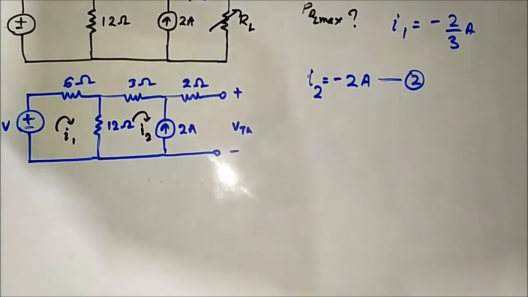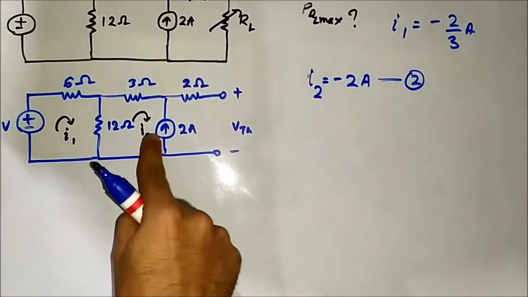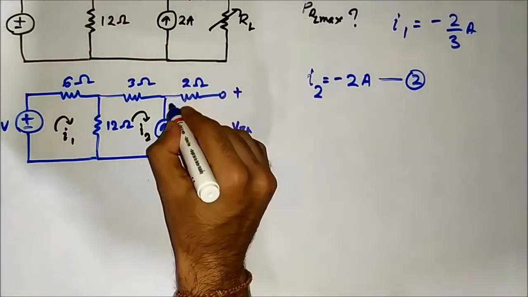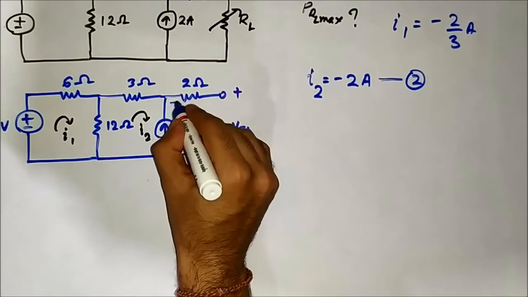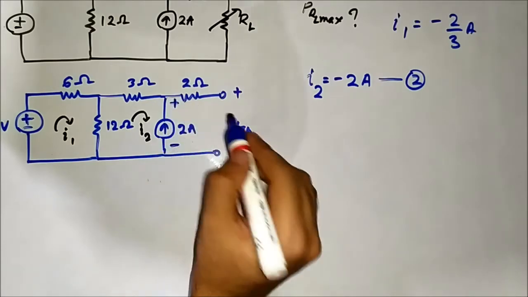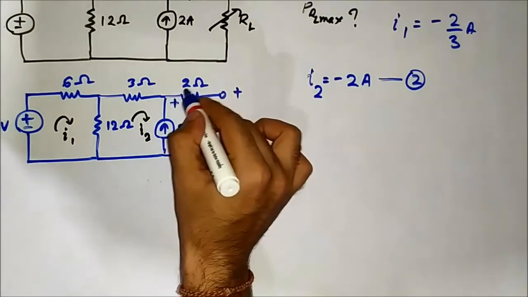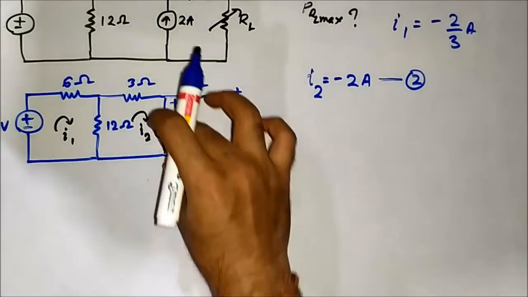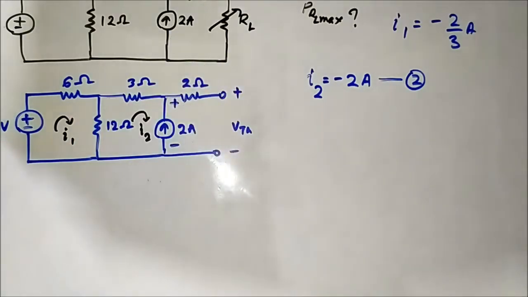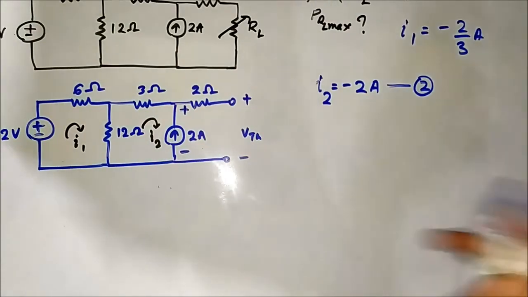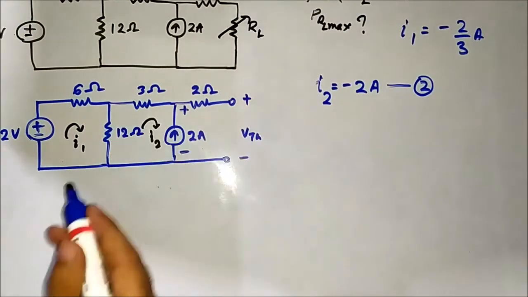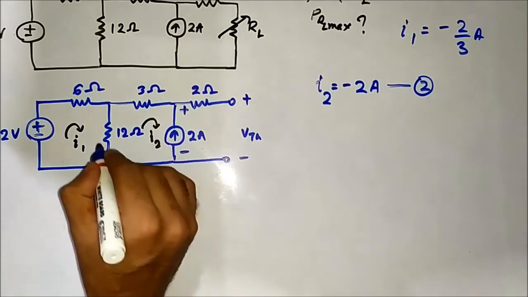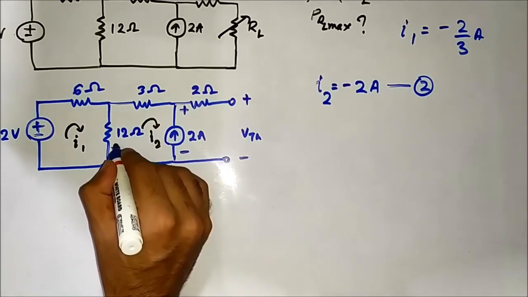Now, when we apply mesh analysis, this is VTH, the voltage here, because no current flows through this 2 ohm resistor, so no voltage drop. So this is VTH, the voltage across this independent 2 ampere current source. The current I2 is flowing in this direction, so that will be dominating.